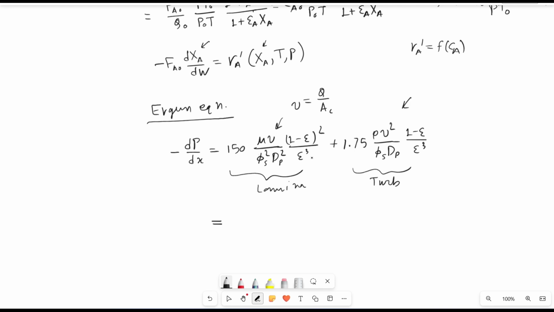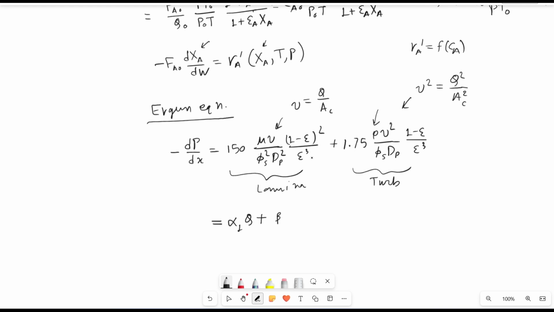We can replace V and V squared with Q and Q squared divided by the cross-sectional area squared. The cross-sectional area of the packed bed reactor is also constant. So we can directly write this expression as some alpha 1 times volumetric flow rate plus some beta 1.